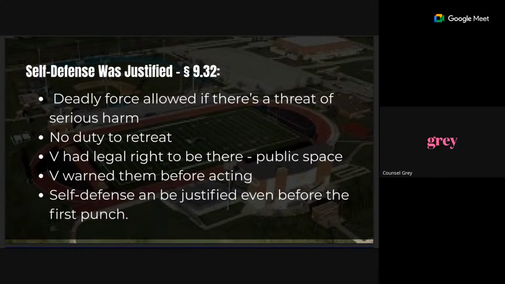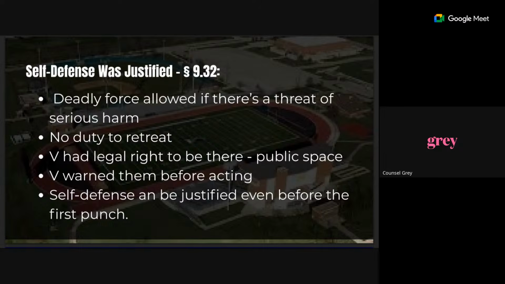And he was confronted with 450 pounds of a threat, right? So if there's the threat of serious harm, and if I weighed 130 pounds and I was confronted by 450 pounds, I would think that I'm in danger, okay?